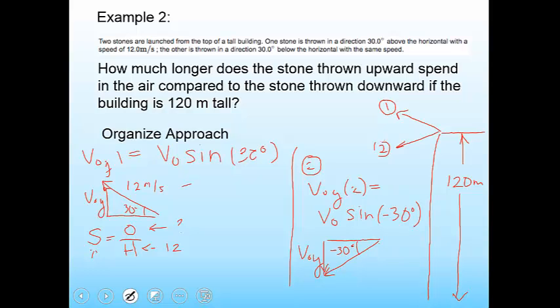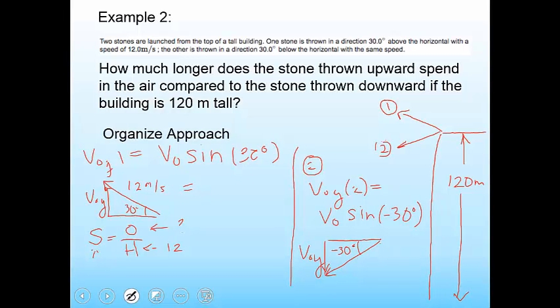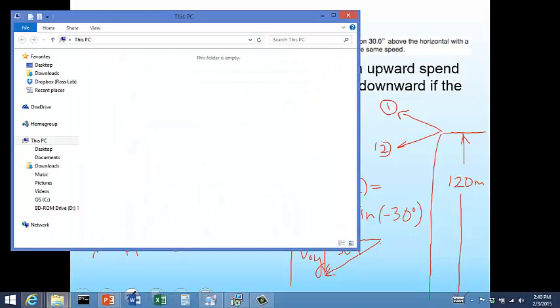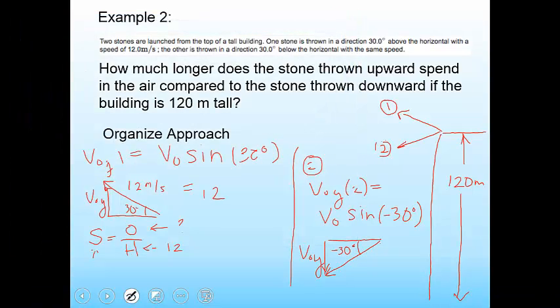We can plug in these numbers: V naught is 12 times the sine of 30, which is 0.5, and that equals 6 meters per second. The sine of negative 30 is negative 0.5. So again, we get that V naught Y for the second one is equal to negative 6 meters per second.